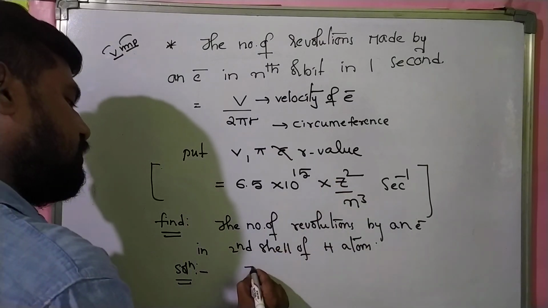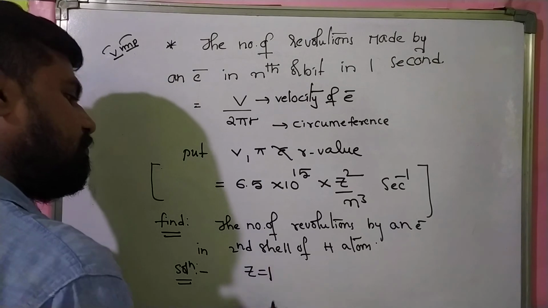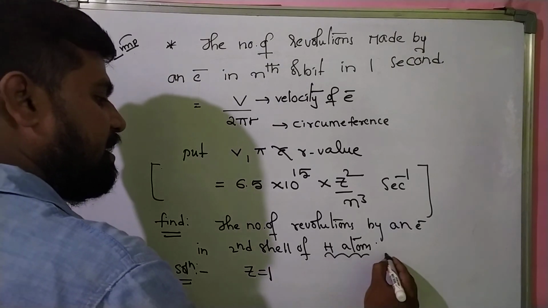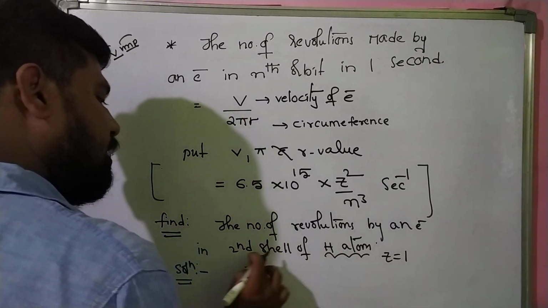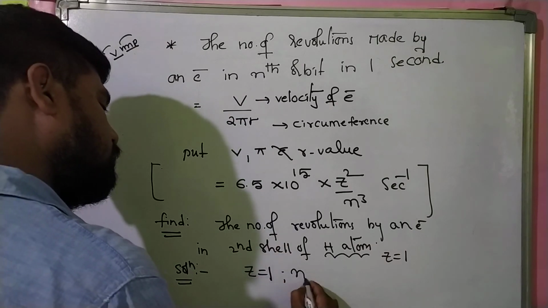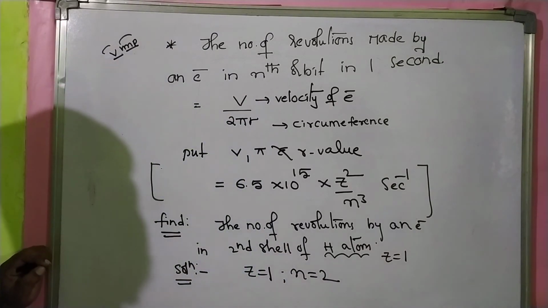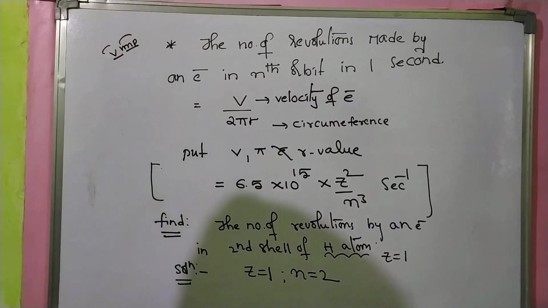Now the solution. Here Z equal to 1 for hydrogen atom, and second shell means n equal to 2. Put the values in this and you will get the answer.